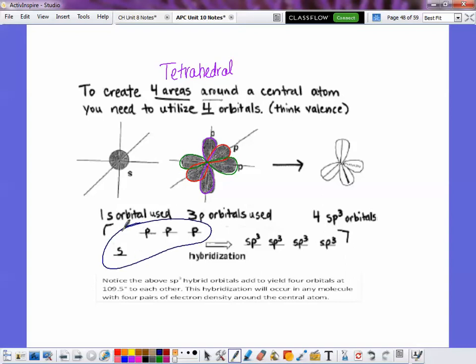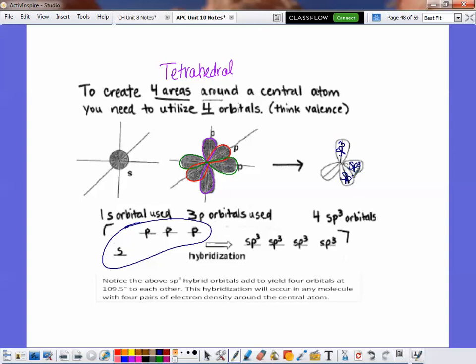These all get mixed together, and we end up creating 4 sp3 hybridized orbitals. So we have 1 s and 3 p's. If we mix them all up and make 4 equal orbitals, 25% of it is going to be s character and 75% is going to be p character. When we make them, they're going to evenly distribute themselves around the central atom, making 4 sp3 hybrid orbitals.